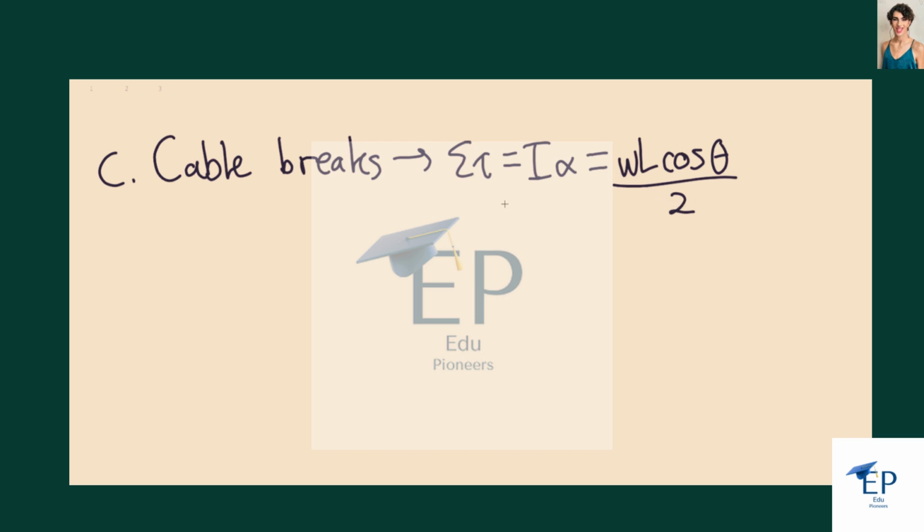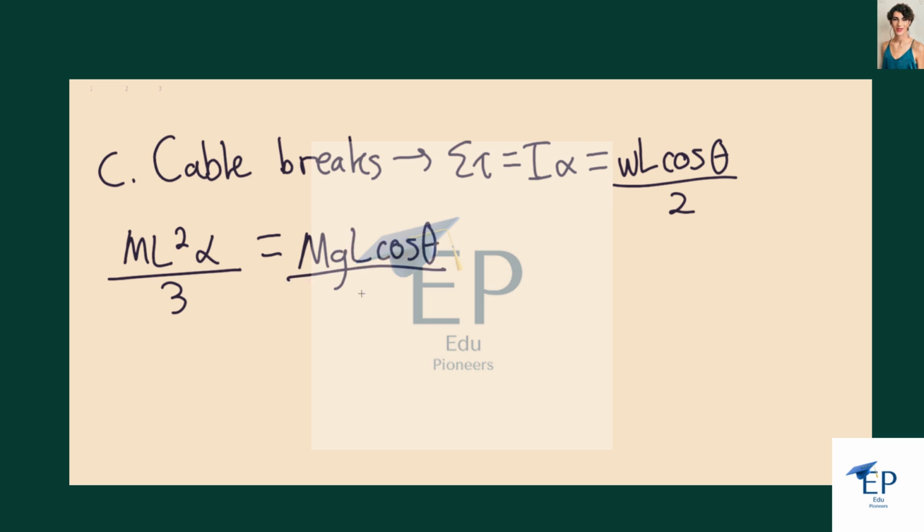So we can say that M L squared times alpha divided by 3, M L squared divided by 3, that's the moment of inertia of a rod rotating about one end. And so this is going to simply be equal to m g L cosine of theta divided by 2.